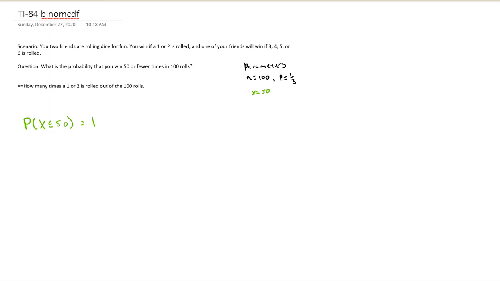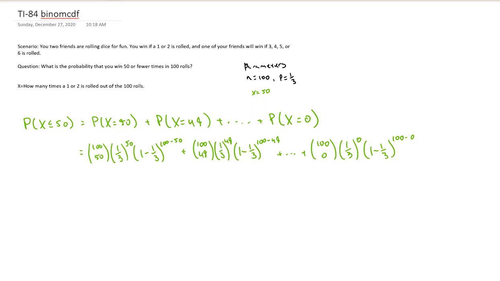What it's really saying is, what's the probability that you win exactly 50 times plus the probability you win exactly 49 times plus all the way down, adding up the probability you win exactly 0 times. So we really have 51 numbers we're adding together with this. But it is very unrealistic for you to want to actually add all those up by hand.